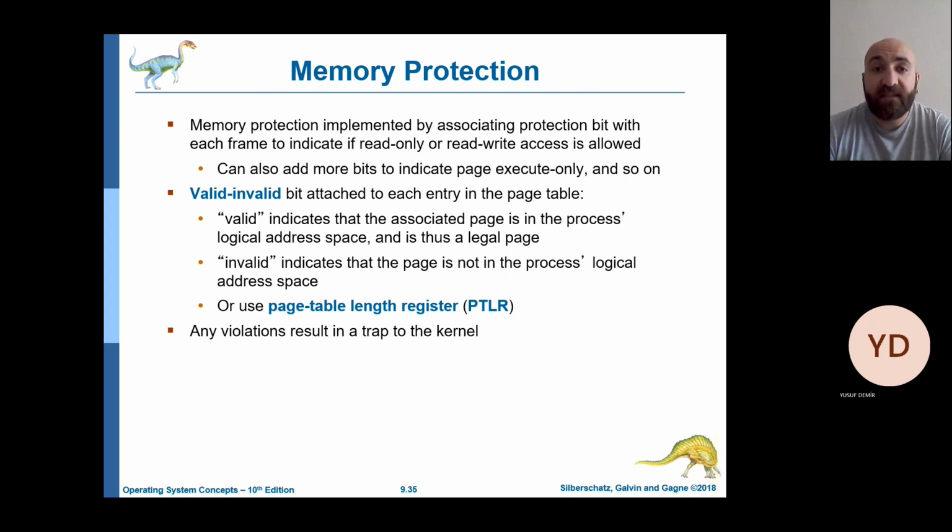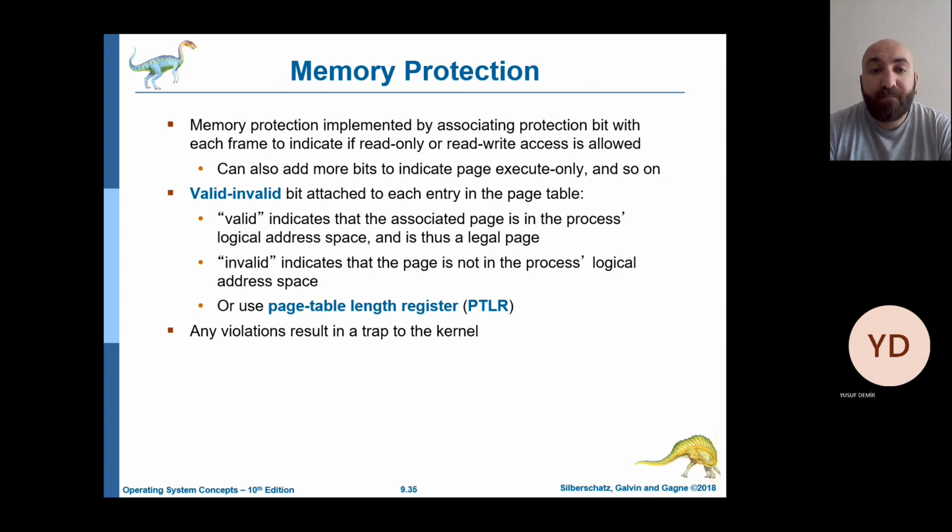One additional bit is generally attached to each entry in the page table, called a valid-invalid bit. When this bit is set to valid, the associated page is in the process's logical address space, and thus it's a legal or valid page.